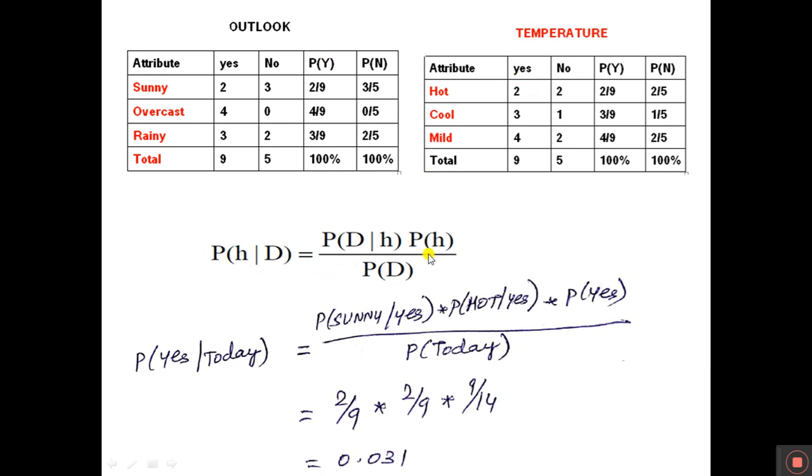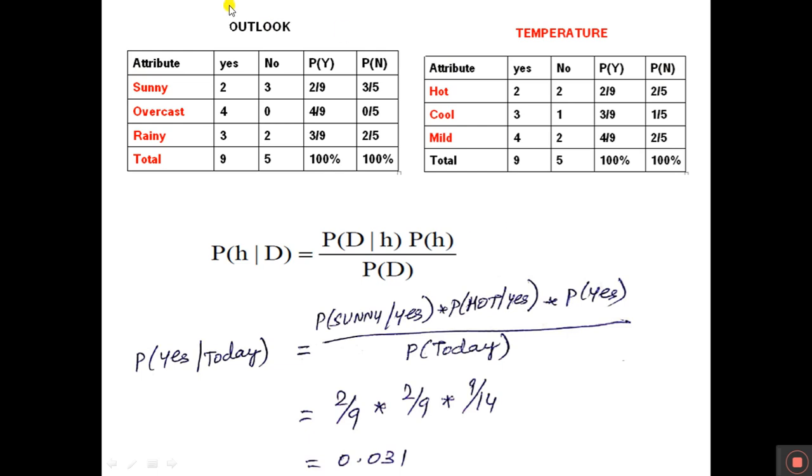So this is our Bayes theorem. According to Bayes theorem, what I am going to do is I need to take only two attributes. One is sunny and another is hot. Among this outlook and temperature, I am going to take only two conditions. One is sunny, another one is hot.